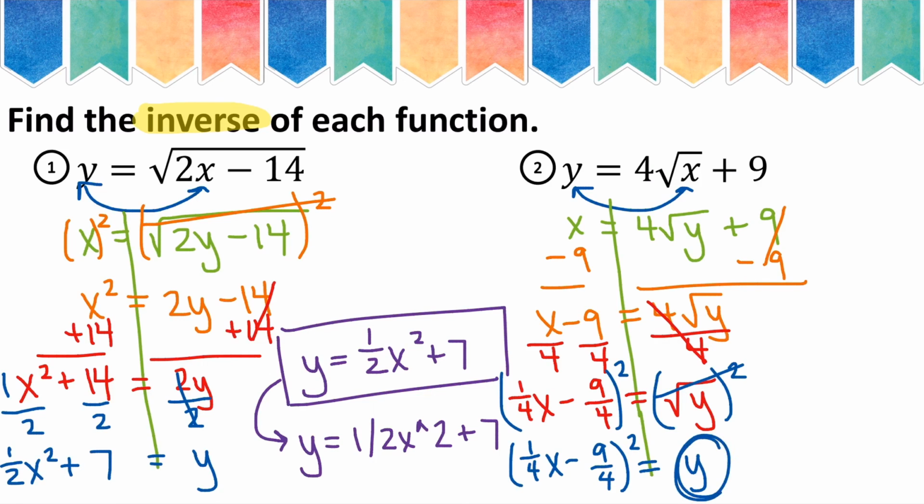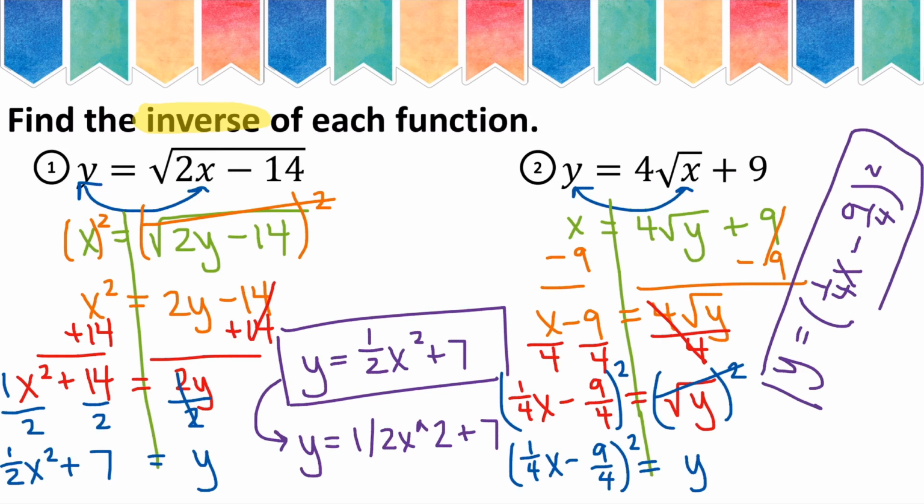Y is by itself, so we are complete. And our final answer is y equals parenthesis 1/4 x minus 9/4 squared. Again, those parentheses are very important.